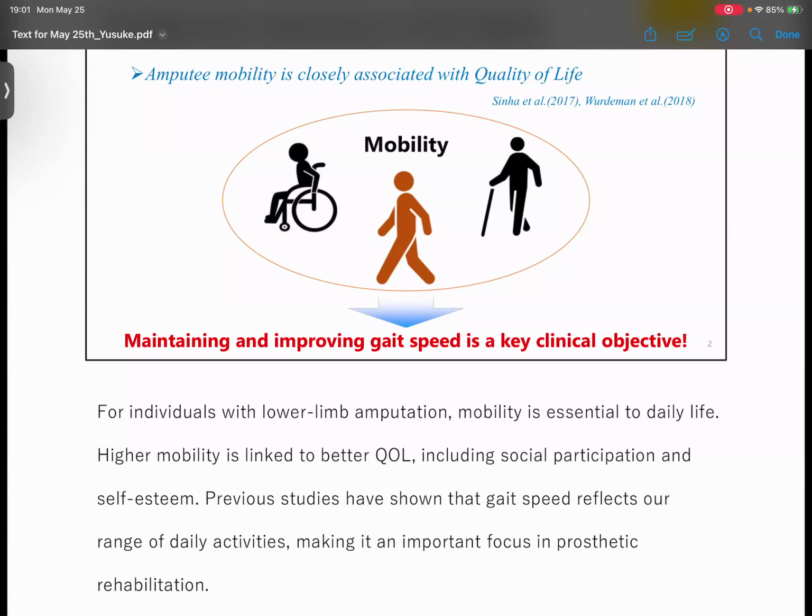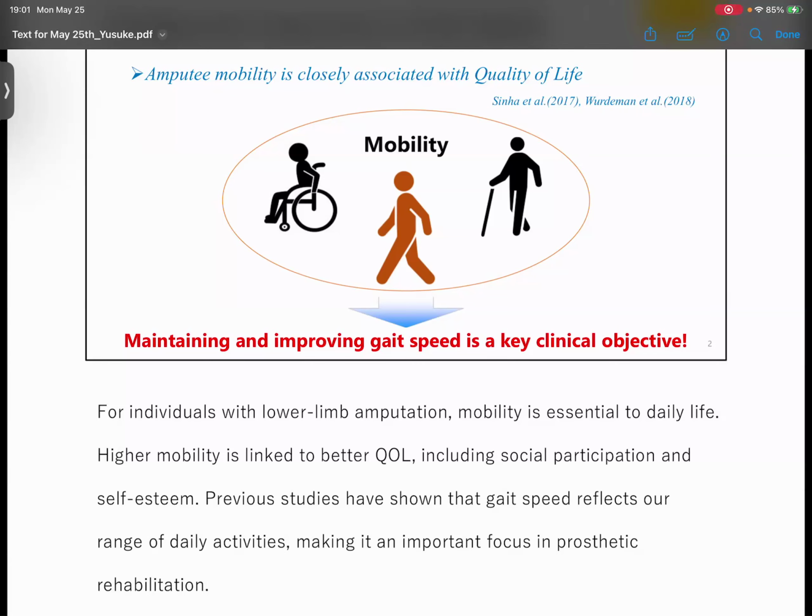Higher mobility is linked to better quality of life, including social participation and self-esteem.